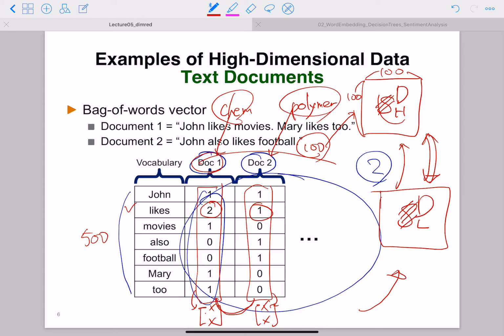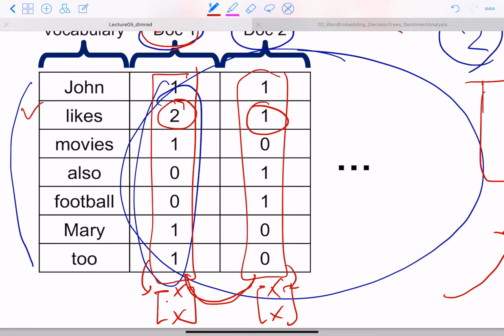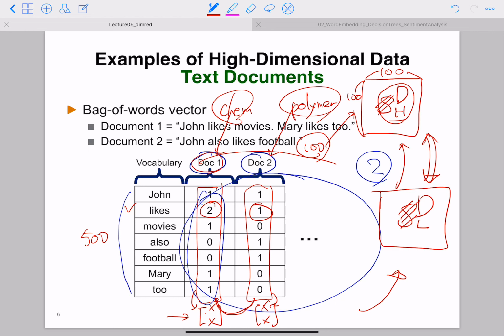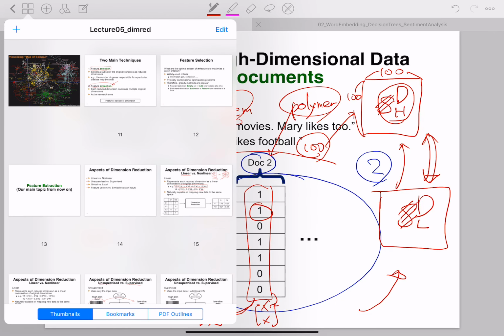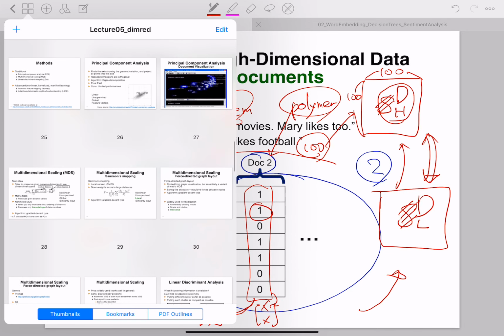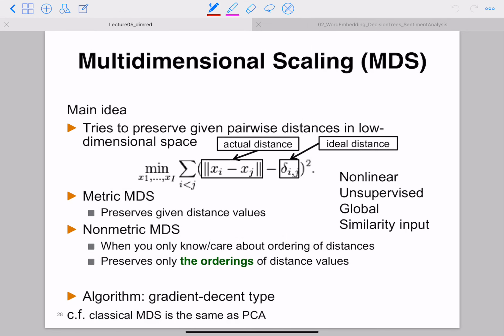Let's call that D_H. Suppose we want to reduce the dimensionality to 2, so let's randomly initialize a two-dimensional vector representation for each of the 100 data items. And then we can compute their corresponding low-dimensional pairwise distance matrix.